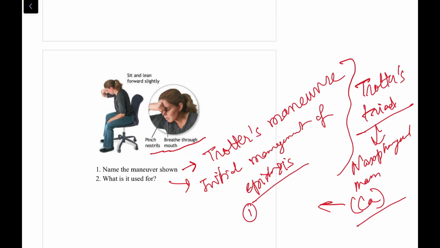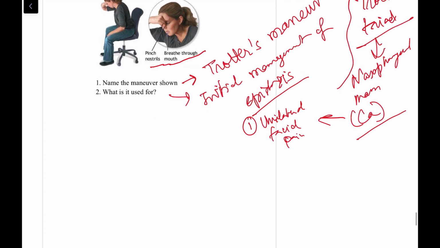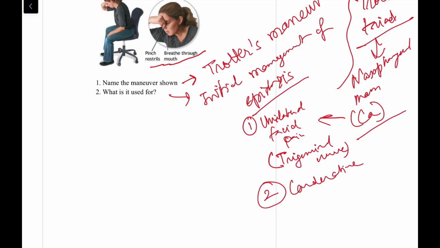It comes with unilateral facial pain, which is in the supply area of the trigeminal nerve, conductive deafness, and palatal paralysis.